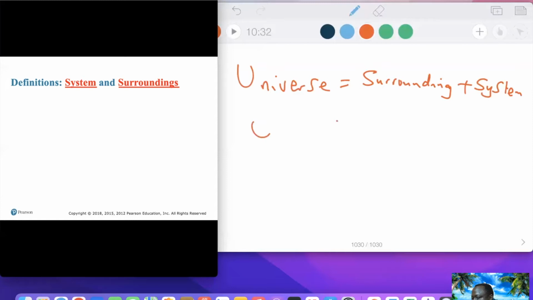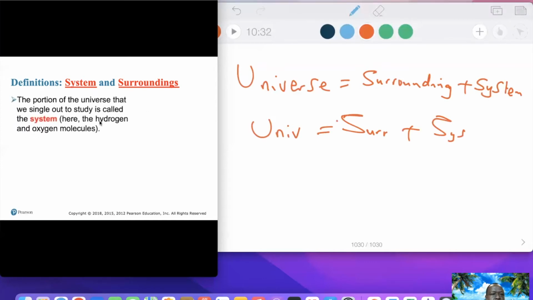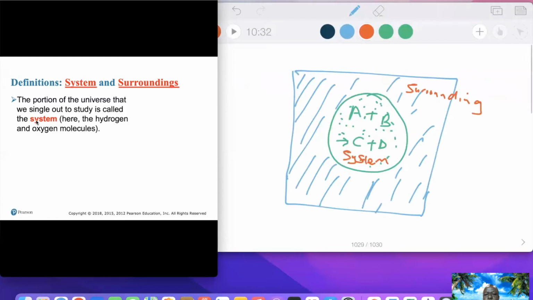Sometimes we abbreviate this as universe equals surr plus sys. The universe is everything. We single out the system to study. Remember, chemists are interested in the system.